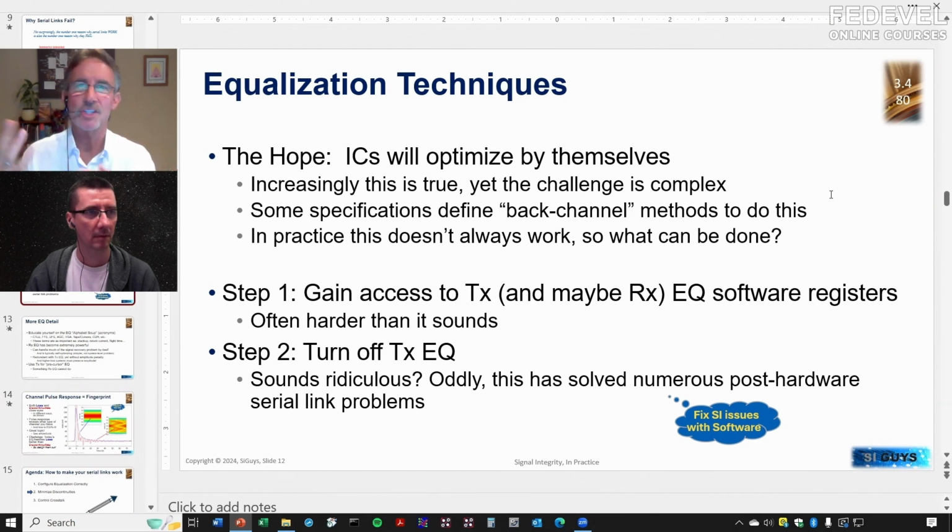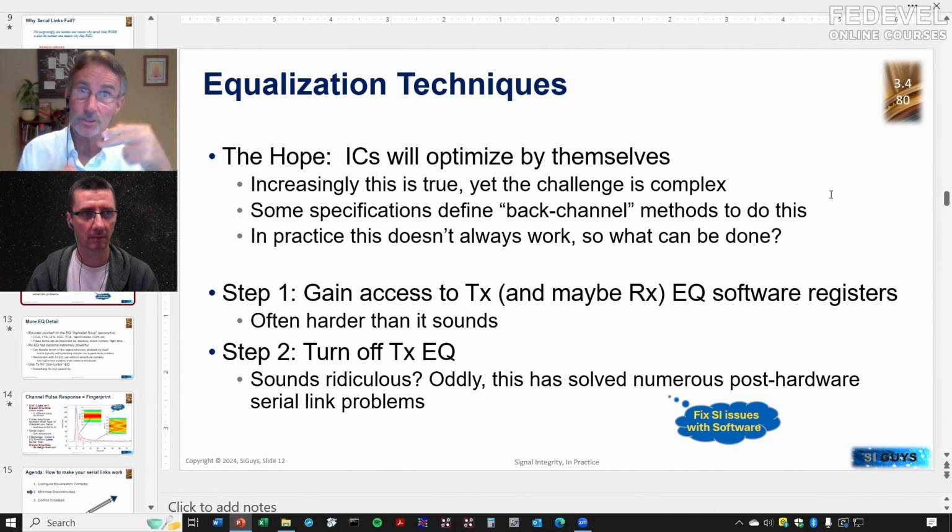So maybe at Gen 1 data rate, they're testing different equalizations because they don't know who's on the other end, and they don't know how far away he is. So they're like, well, I'm going to set myself here and you set yourself there, and then let's see how good the signal is.